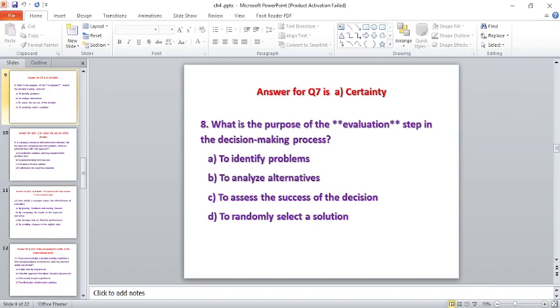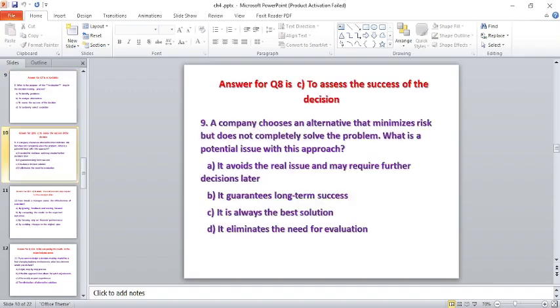Question number 9. A company chooses an alternative that minimizes risk but does not completely solve the problem. What is a potential issue with this approach? A. It avoids the real issue and may require further decisions later.